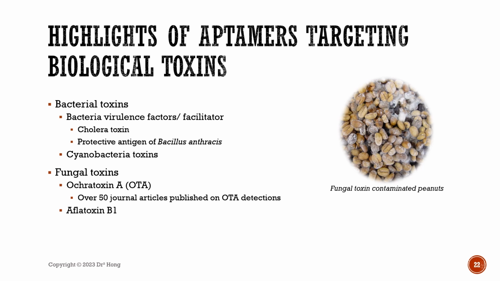For fungal toxins, there's huge interest in trying to detect ochratoxin A, or OTA. There were over 50, probably 60 or 70, journal articles published on OTA detection alone using aptamers. Another related toxin is aflatoxin B1, commonly found in contaminated peanuts. Having a rapid way to detect them is crucial and very useful.